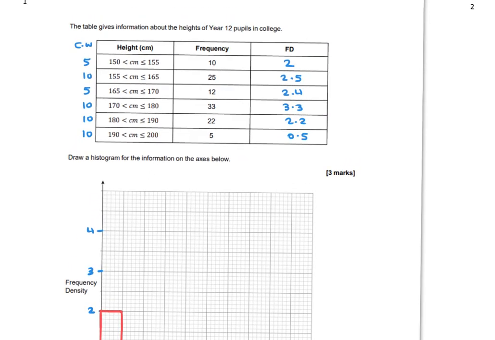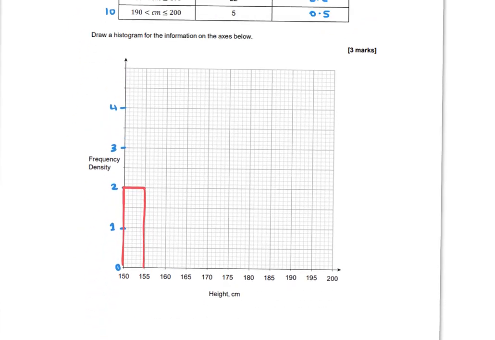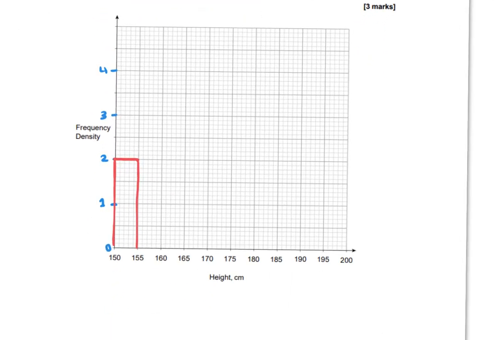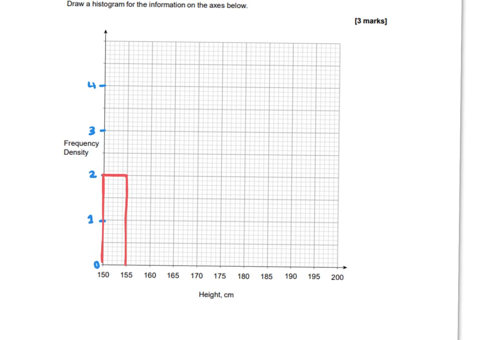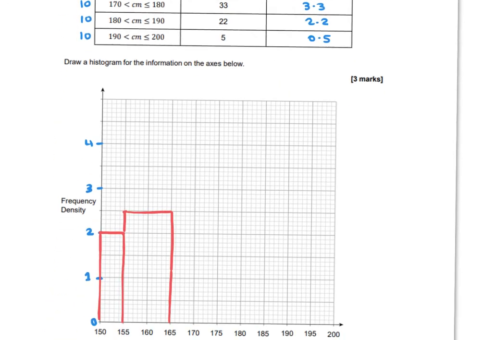Next one, the height 2.5 from 155 to 165. So this is 2.5 from 155 to 165. And the same way, for the third, 165 to 170, the height 2.4.